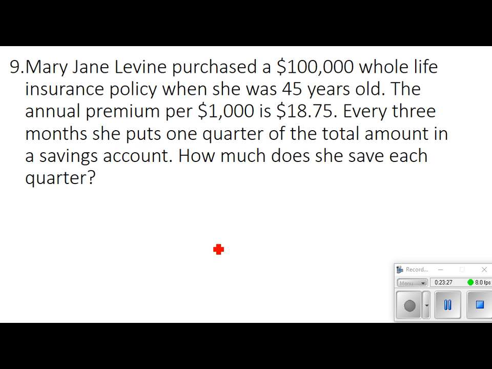They've already used it for you. They told you that number, it came off the chart. Every 3 months she puts 1/4 of the total amount in a savings account, so she's doing the smart thing and saving it up so that she can pay it all at once, so she doesn't have to pay that extra percentage. How much does she need to save each quarter?